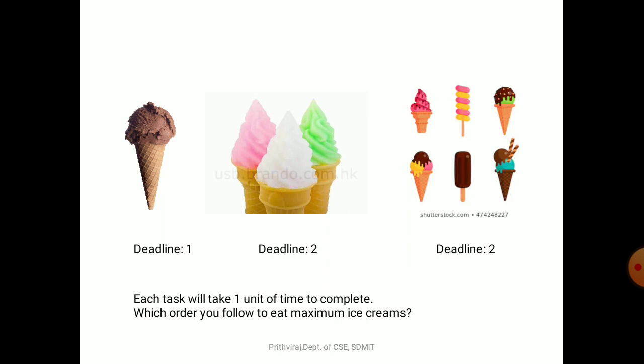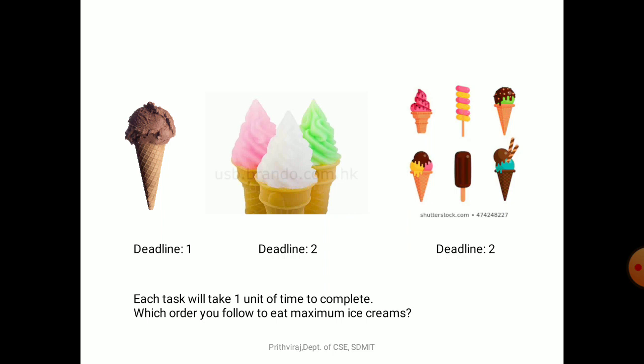That is one order. Otherwise, suppose in the first slot I get the second set, then within 1 unit of time, I can eat three ice creams. Then in the next slot, I can get the third set, because as per the deadline, the second set is also 2 and the deadline for the third set is also 2.